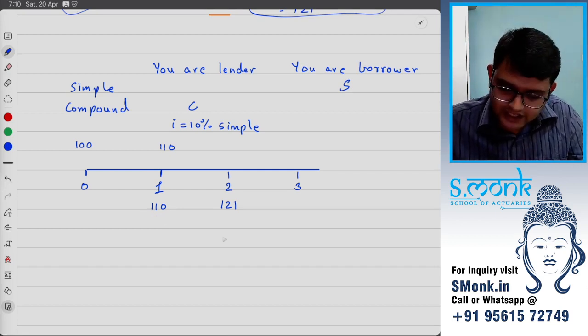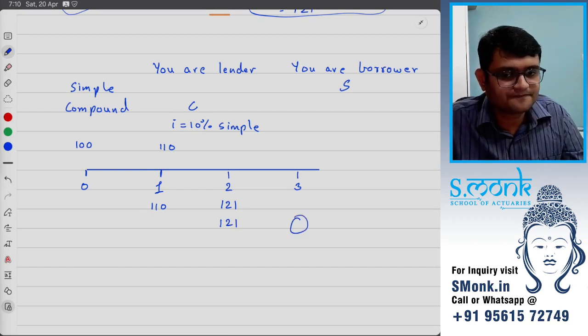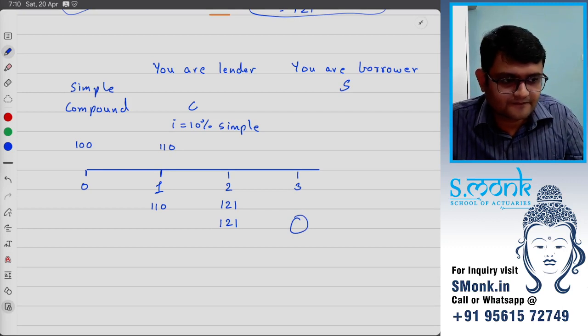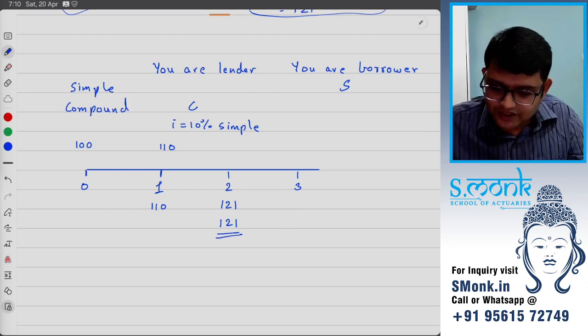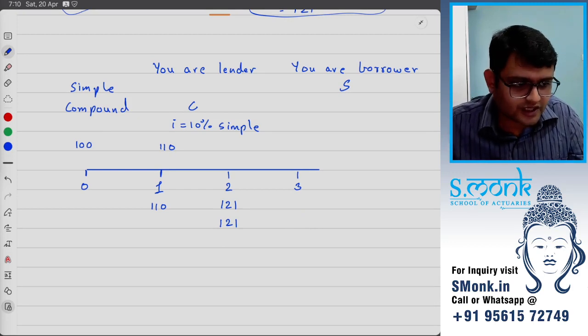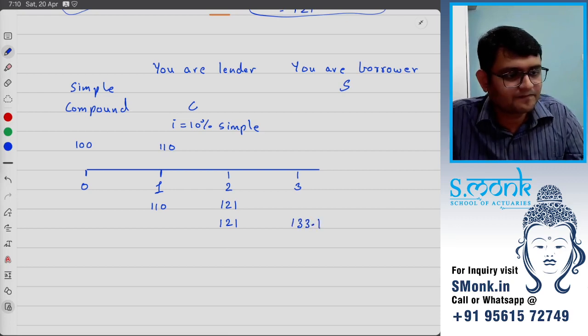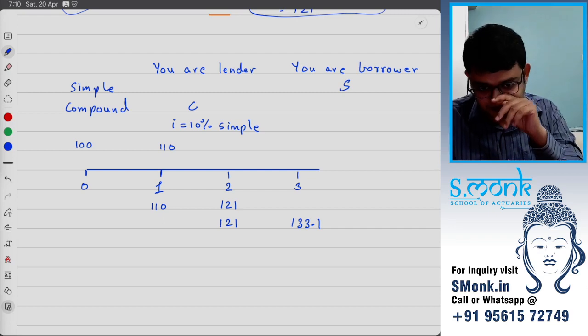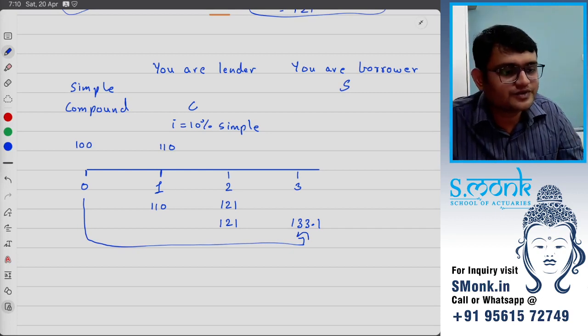And let's say you take that 121 and give it to somebody else, how much will you get at time 3? So 12.1 would be the interest, 10% interest, so it will actually be 133.1. Correct? So after 3 years, the same 100 rupees gave you 133.1 rupees as returns.